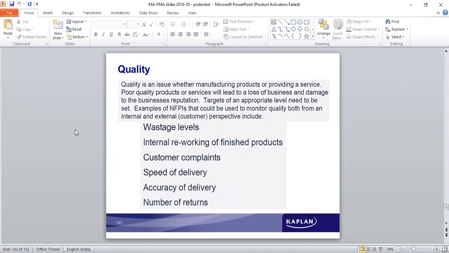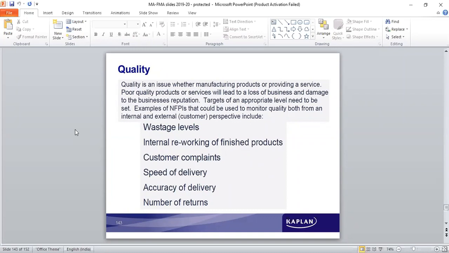So that has also to be taken into consideration. So when we are talking about measurement of performance, quality is another aspect. Poor quality products or services will lead to loss of business and damage to the business reputation. So for that reason, they have to put in various efforts to ensure that quality products and services are produced and delivered to the customers.